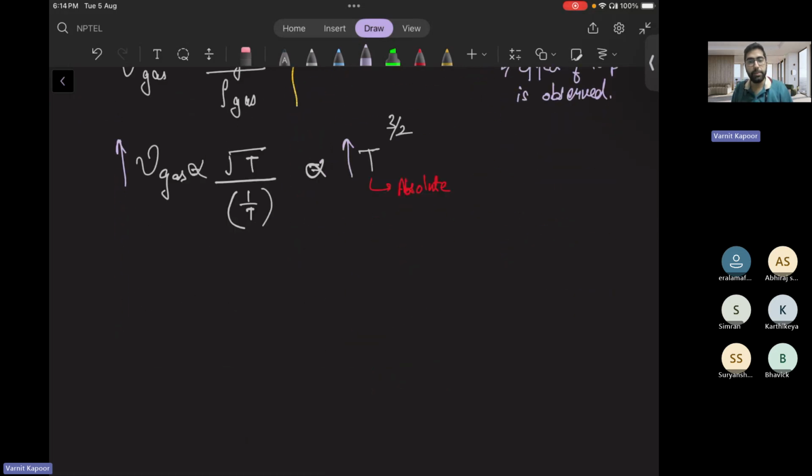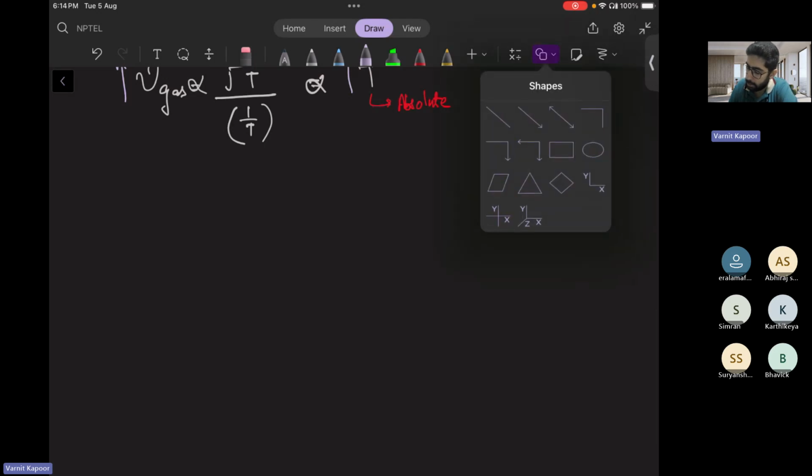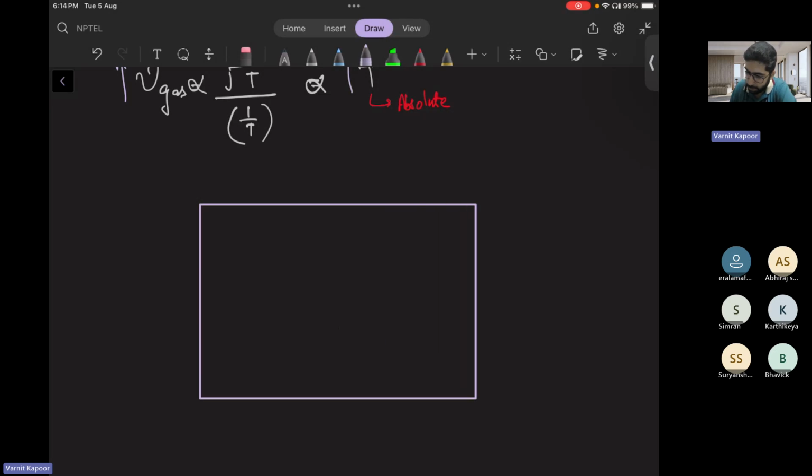Now, we can make a table here to be concise. I have 3 columns and 3 rows.